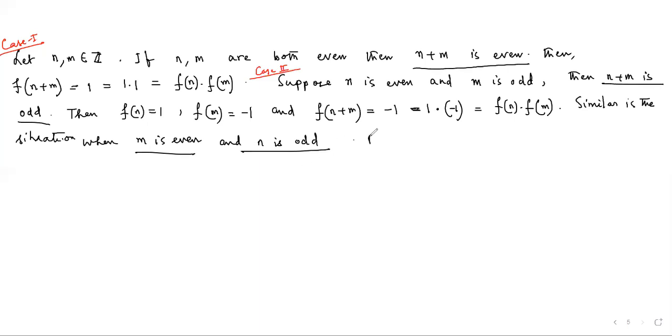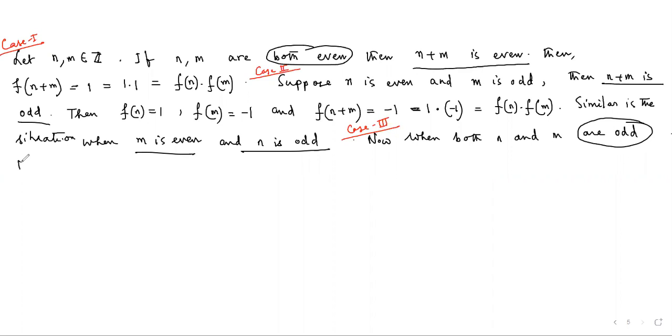Now this is my case 3 I am considering. Suppose I am choosing both n and m odd. Both even has already been done. Even and odd has been done. Now I'm choosing both odd.